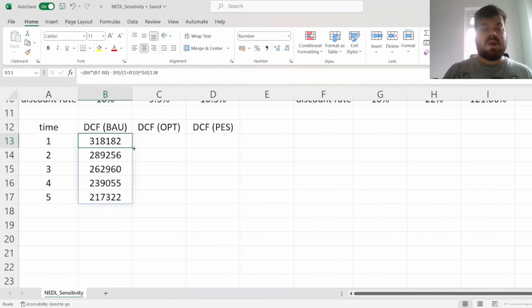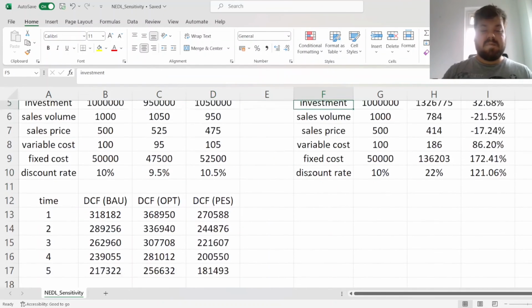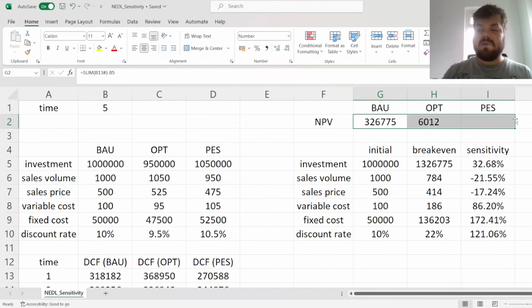Now we can drag our discounted cash flow schedule and construct the present value equivalents of our cash flows and drag our NPV calculation across to see what are the net present values of the project under optimistic and pessimistic scenarios.